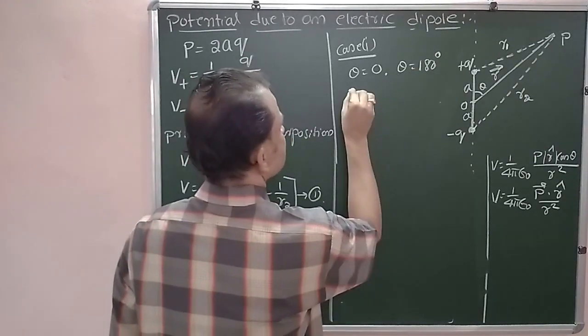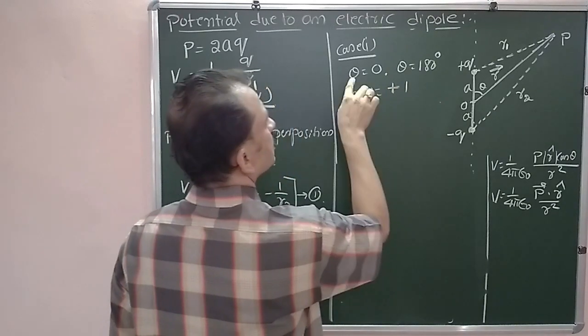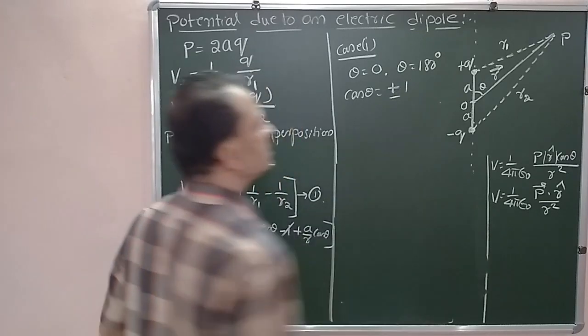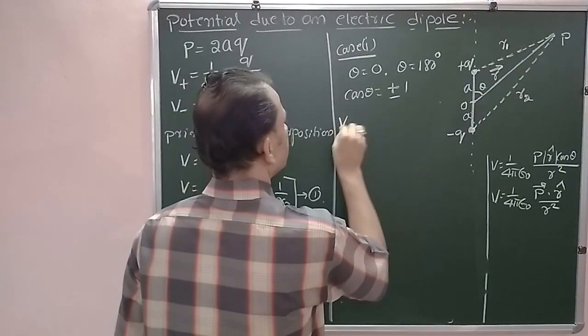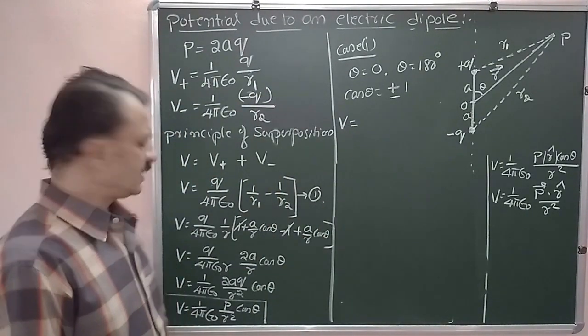Then in both the cases, cos theta becomes plus 1 for theta equal to 0, and for theta equal to 180 it becomes minus 1. Then what is the potential due to a dipole at any point on the axial line?